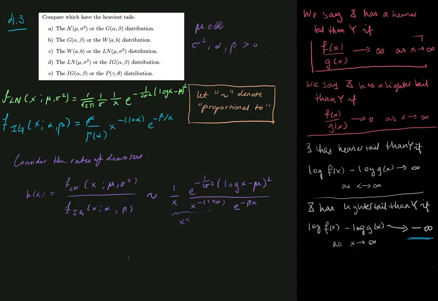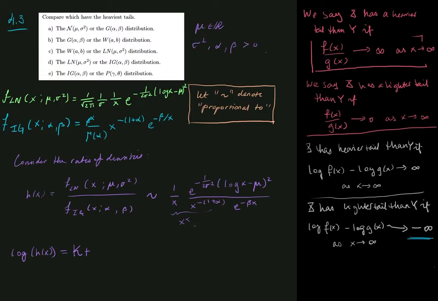Again, as in the earlier exercises, it is a better idea to take the log of the ratio instead, because I have e to the something and e to the something. So I consider the log of the ratio of densities, and that is given as the log of the ratio of constants, which I would just denote by k, plus the log of this expression here.